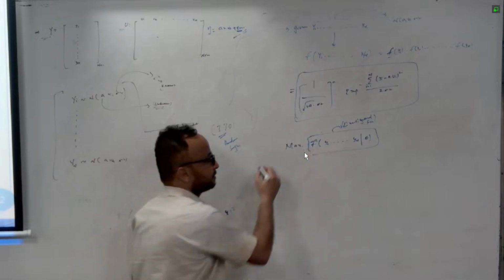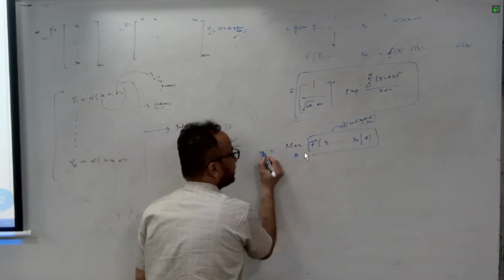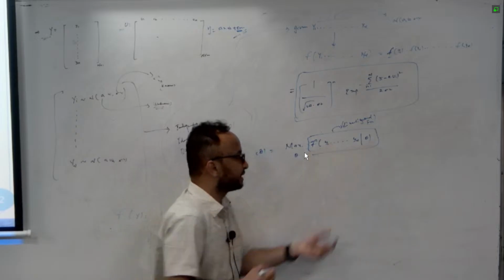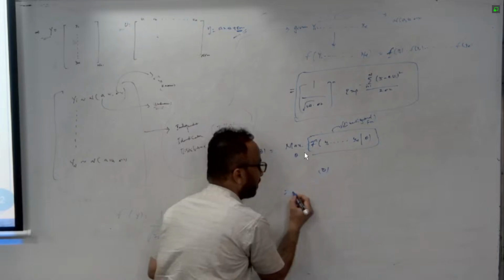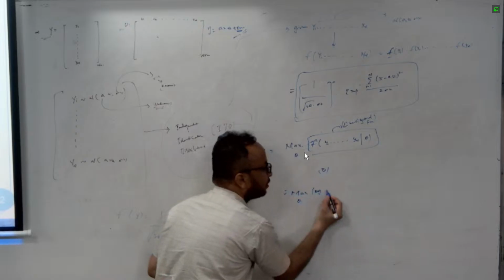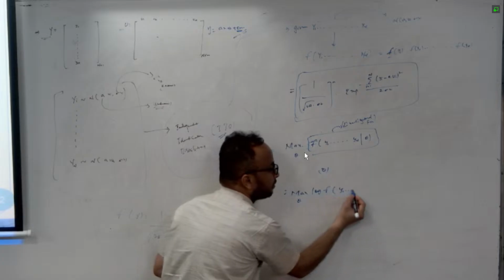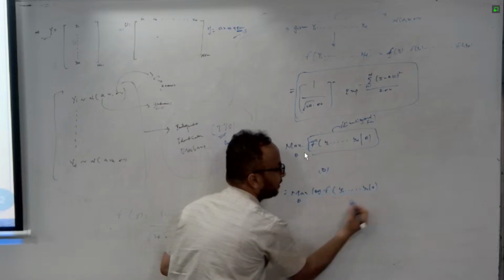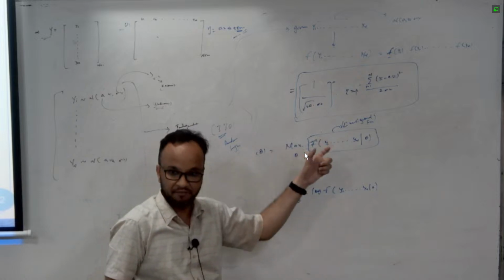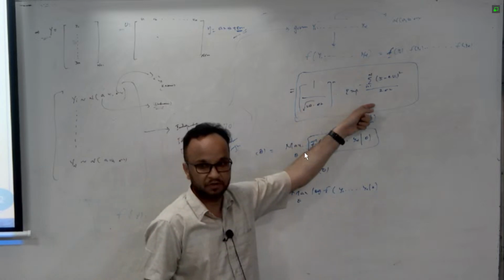So we are trying to maximize this with respect to theta, giving theta hat. Maximizing the likelihood function is similar to maximizing the logarithm of it, the function of y1 to yn and theta. f is an exponential function in this case.